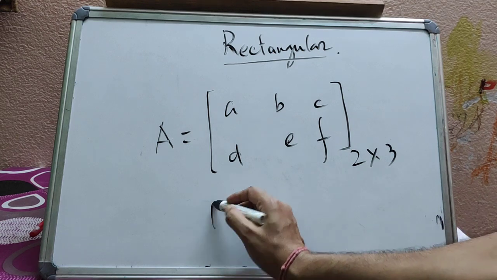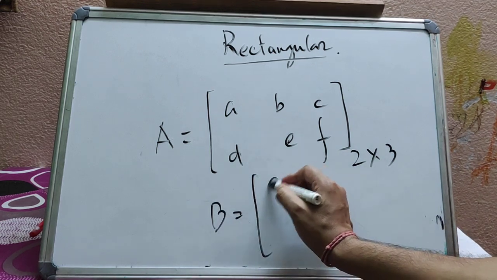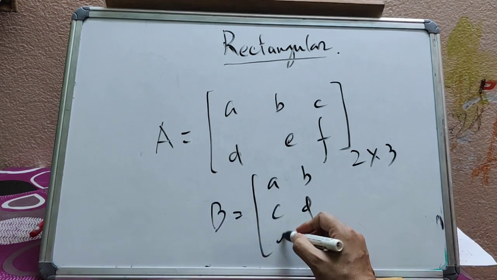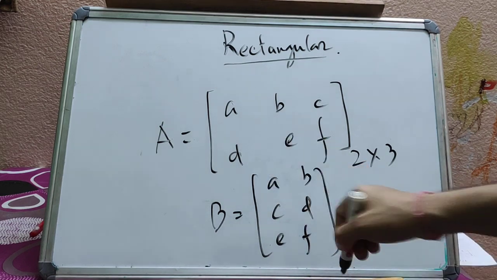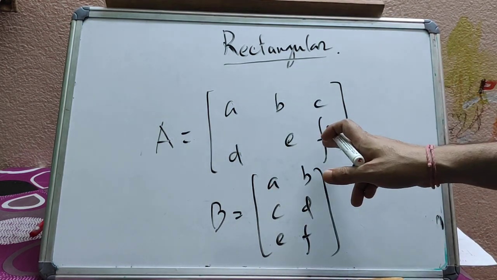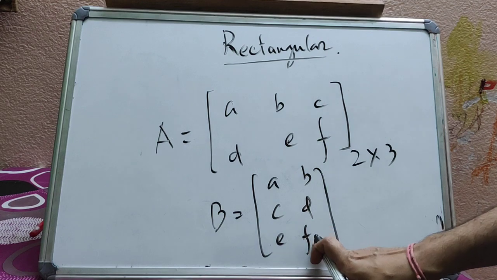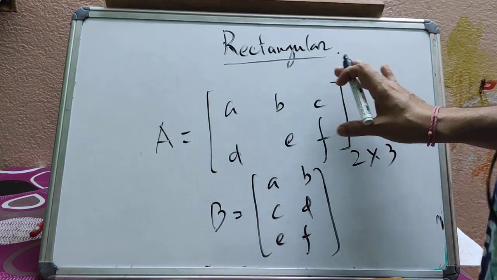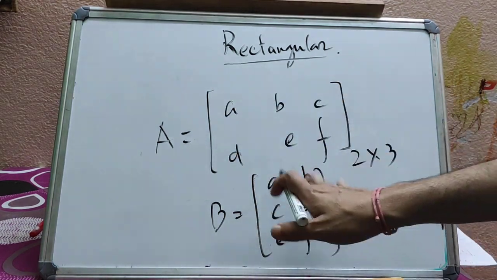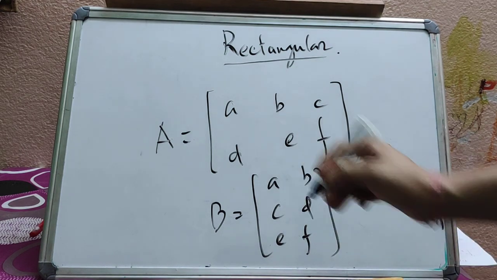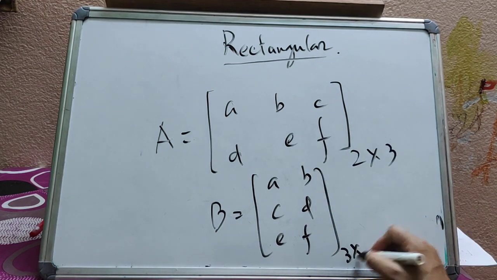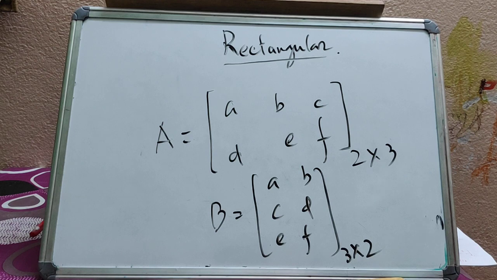Or another, we consider another matrix A, B, C, D, E, F. Here also the elements are A to F, but these are represented in this form and this is represented in this form. Here the number of rows is 3 and the number of columns is 2.